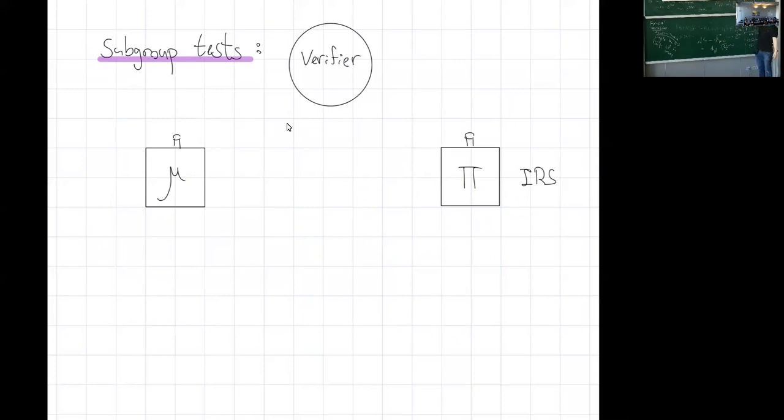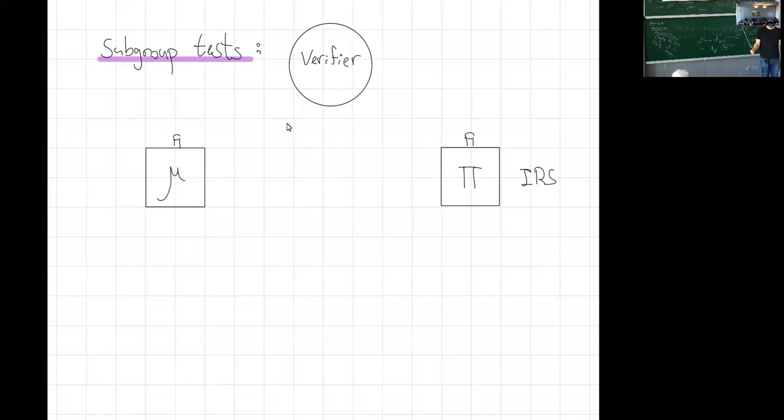This thing is generated by a prover, but you should think about it as a PCP protocol. You get a black box function from a prover, from an outside entity, and then you run some interaction with this black box function. So this is very similar here. You get this IRS from a prover, from some outside entity, and then you can run your test.